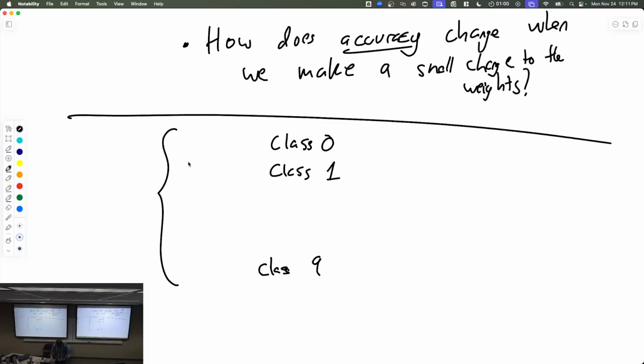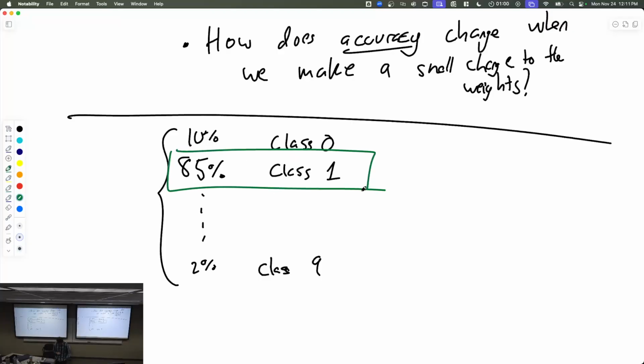And we say we are 85% sure that it's a class 1. We think 10% of the time it's a class 0, and then like 2% of the time it's class 9, and then we have all these other classes. So we're predicting class 1.